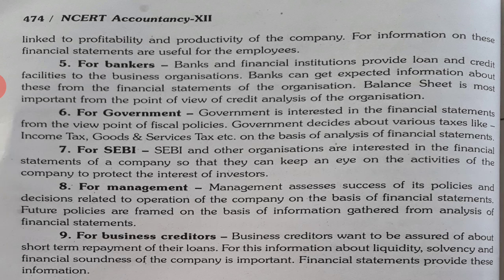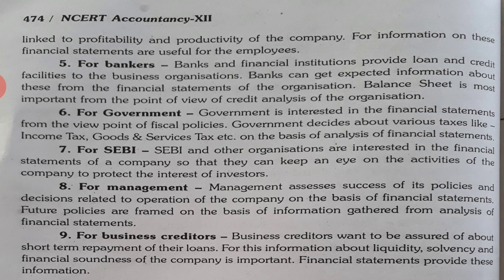Then for the government. The government always keeps an eye, for which it has established different types of departments and boards to keep a keen eye on the working, activities and functioning of the company. So the government can impose different types of taxes.